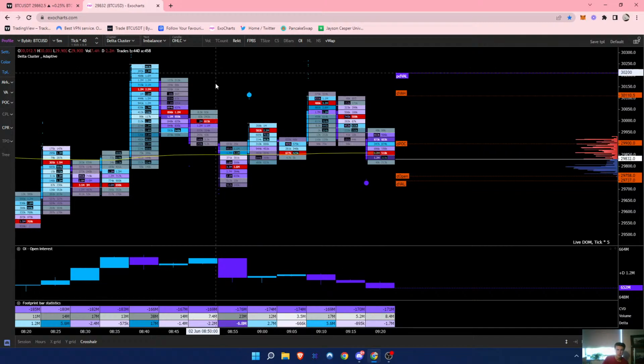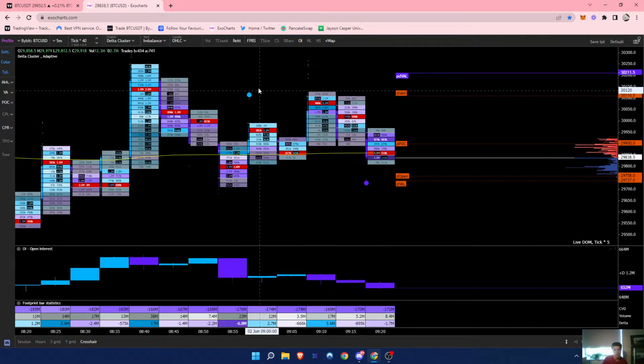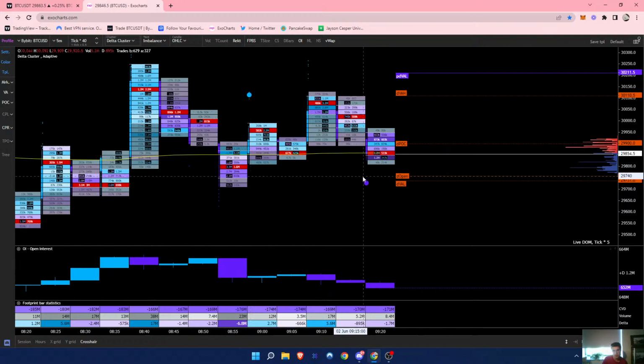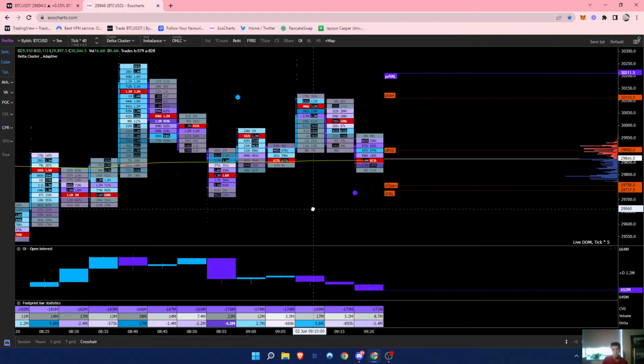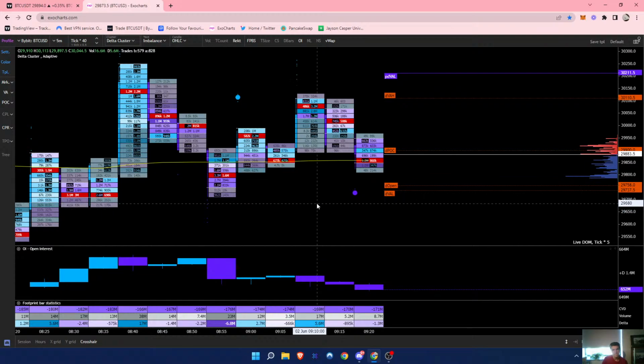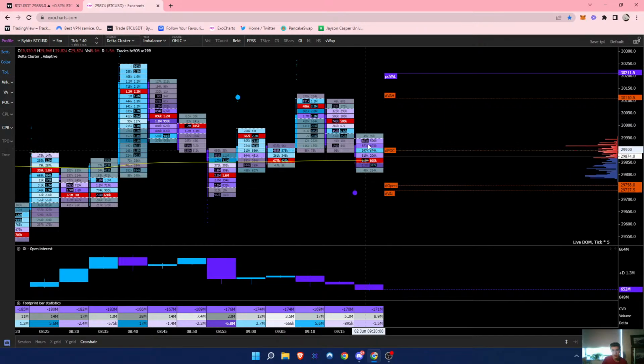But as you can see, a lot of long or short liquidations right here. Longs are getting liquidated right here. As this is happening, I bet price will increase.